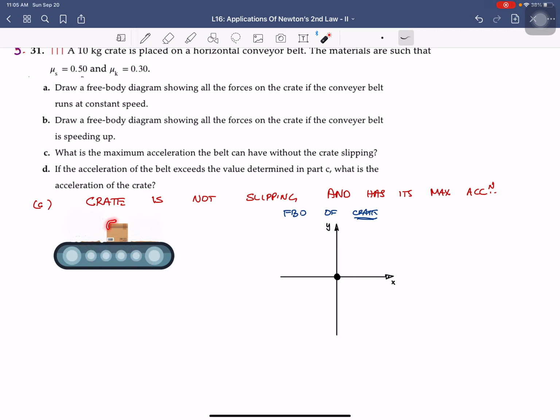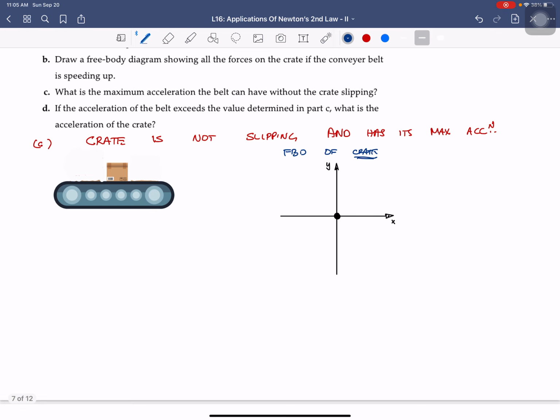The crate will just stay where it is, and the conveyor belt is just going to be sliding underneath the crate. Okay, so there has to be static friction between the conveyor belt and the crate if the crate is going to be moving forward and if it's going to be accelerating forward.